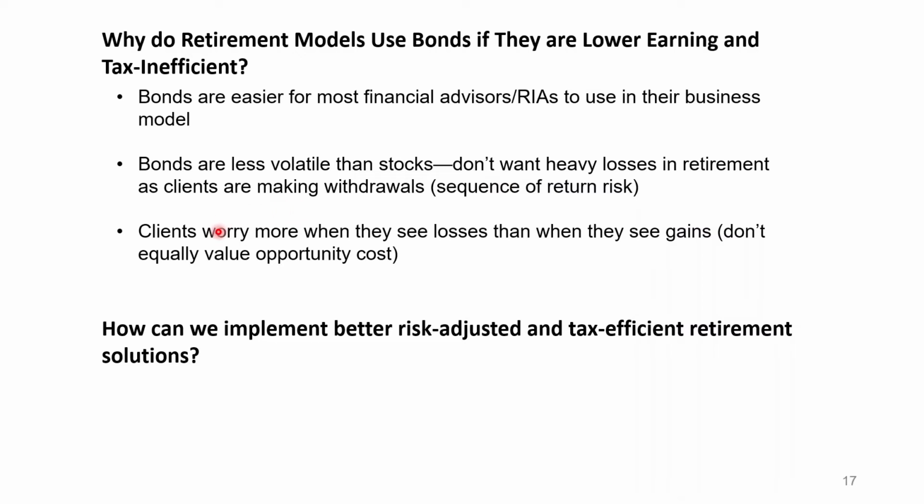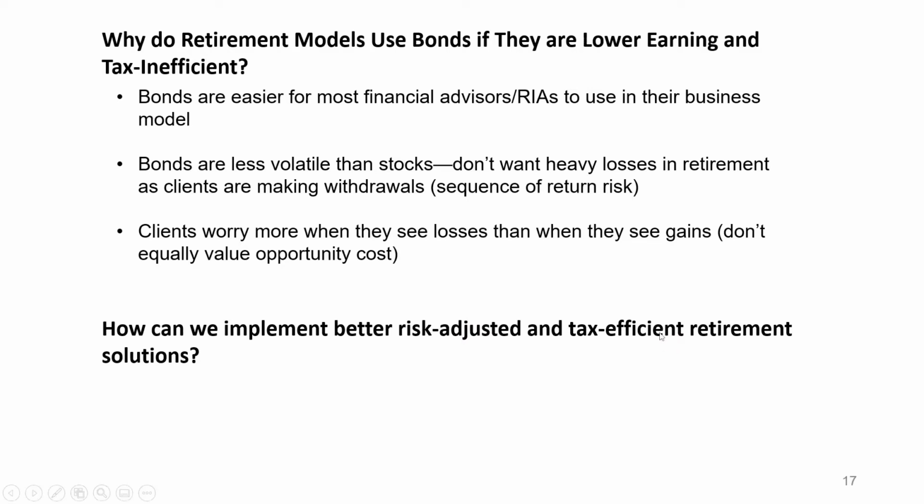Another key reason is that clients worry more when they see losses than when they see gains. Especially in retirement, you're more sensitive to losses in your portfolio than if you're in your 20s or 30s and have a long horizon. However, that doesn't mean bonds make the best sense or are the best solution to accomplish the same goals. One of the things you should be thinking about in retirement is how you can implement better risk-adjusted and tax-efficient retirement solutions.